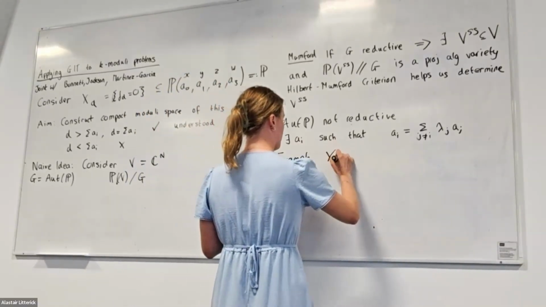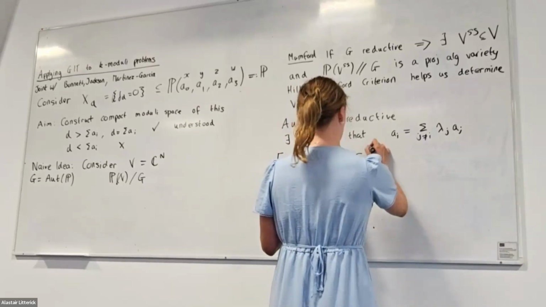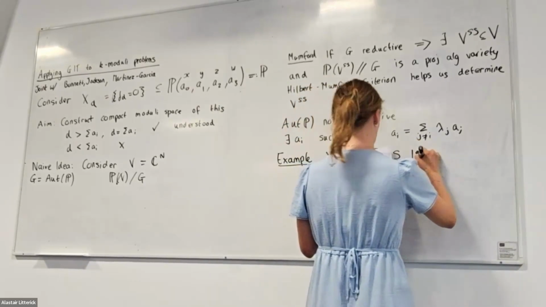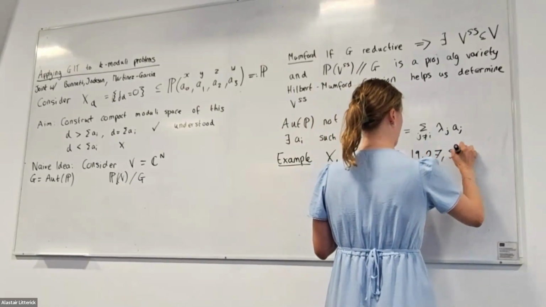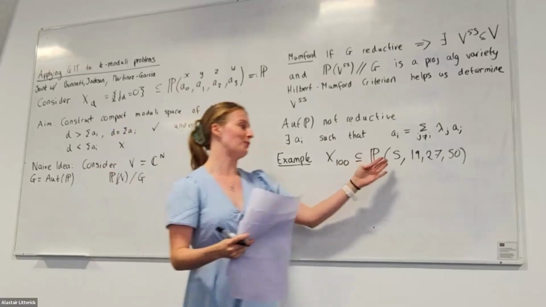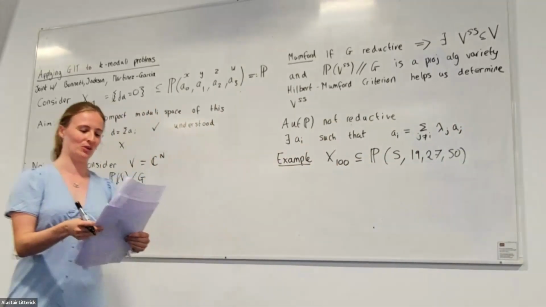So if we have X_100 living in P(5, 19, 27, 50), then we can see that 5 divides 50. So quite a straightforward one.